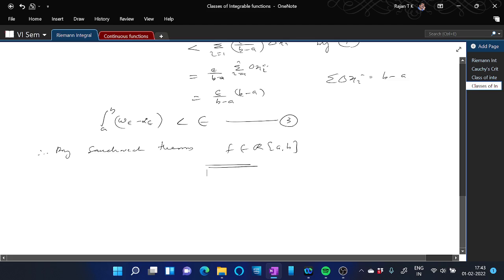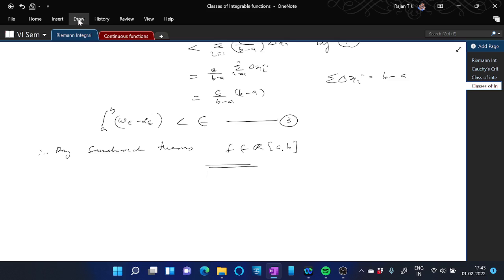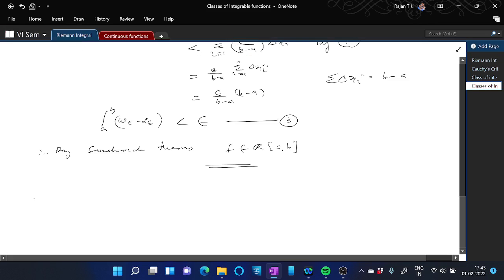The next class of Riemann integrable functions are monotonic functions. So that is the next result.